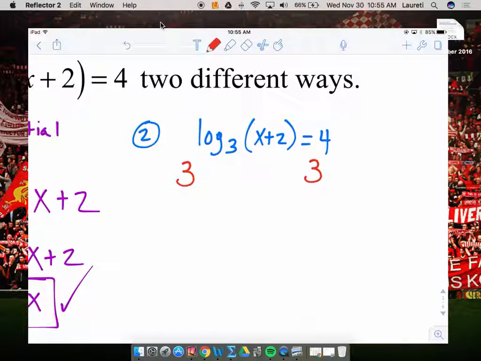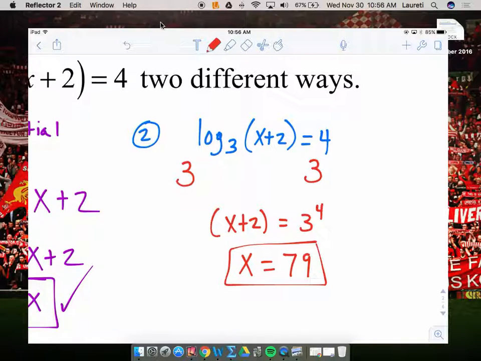Now these two things are right next to each other. This 3 and this log base 3 will cancel each other out. And you'll be left with x plus 2 is equal to 3 to the 4th, which, like the last one, you would get 79. Okay? So that's just a different way that you can do these.